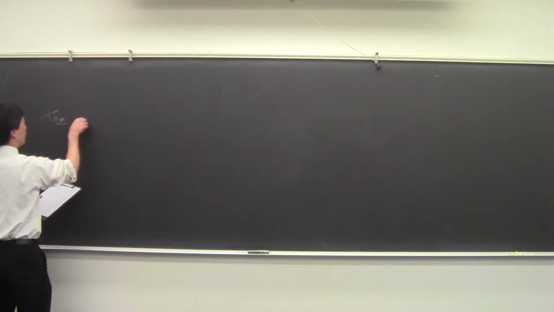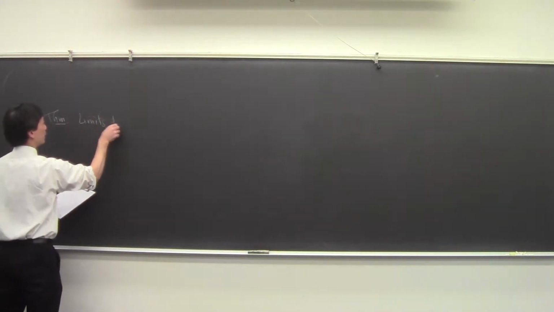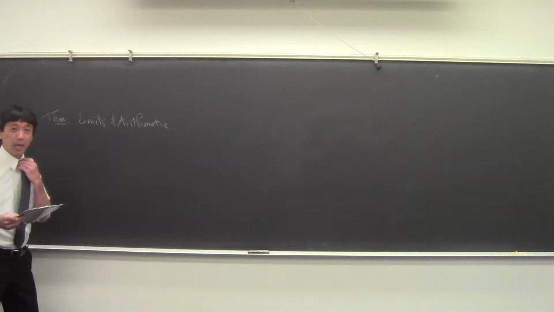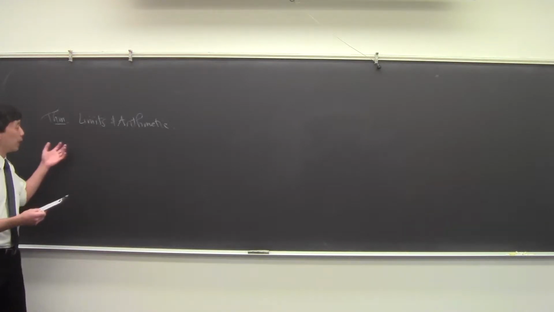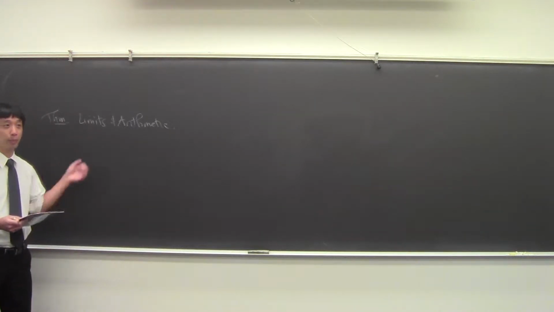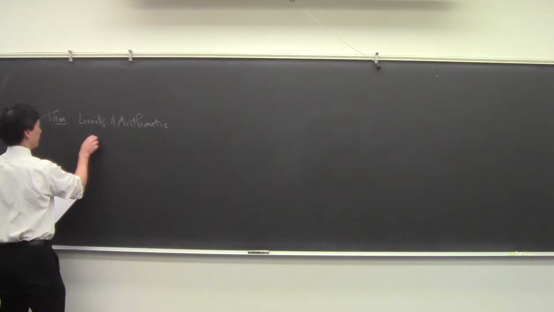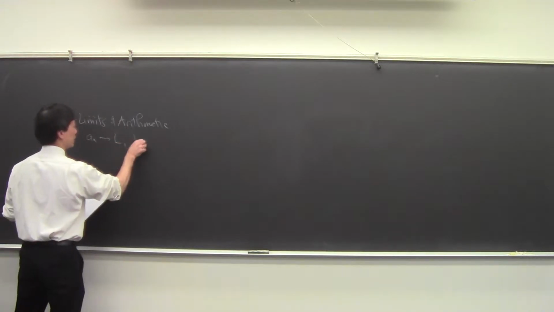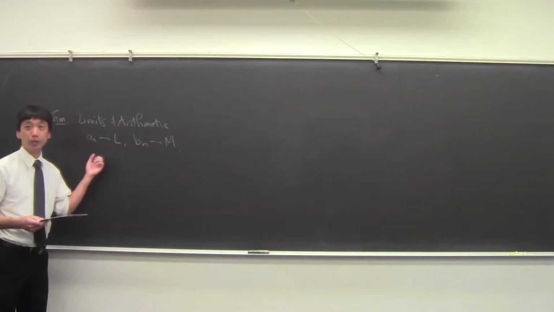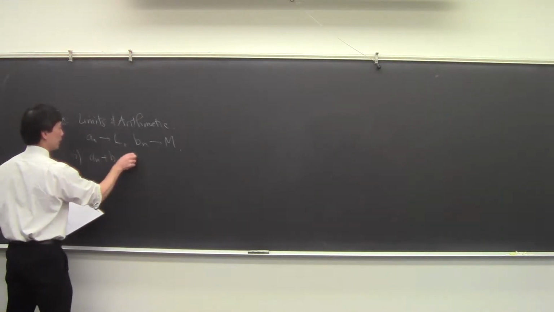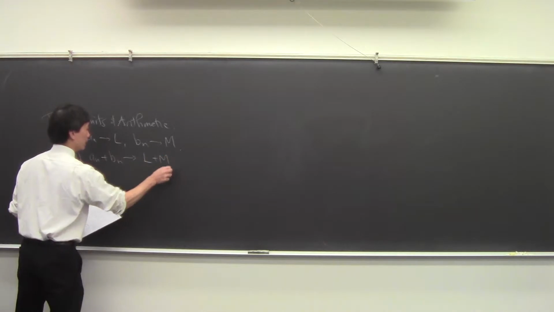Okay. And so the big one that we introduced last time was this one that we called, I think, something like limits and arithmetic. And it's basically showing you how limits and arithmetic interact. So it said something like this: that if you have two sequences and they converge to these numbers L and M, then the sum of the sequences is going to converge to the sum of the limits, right?